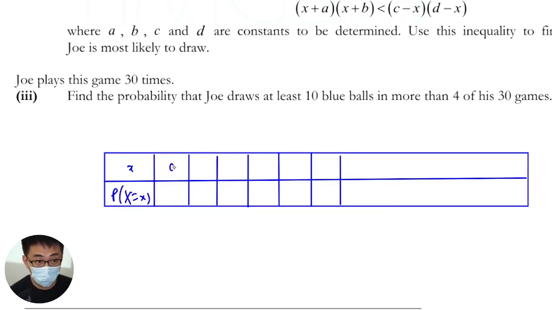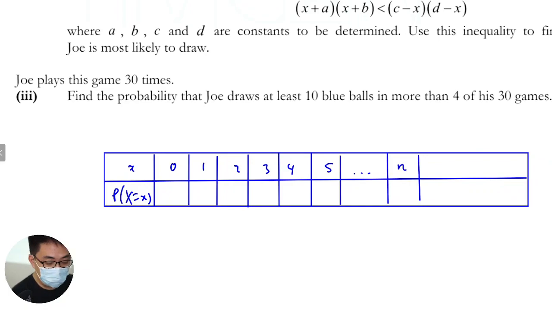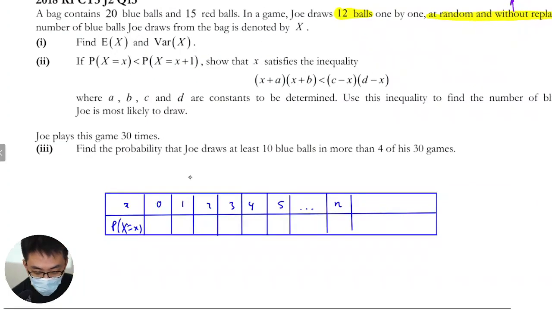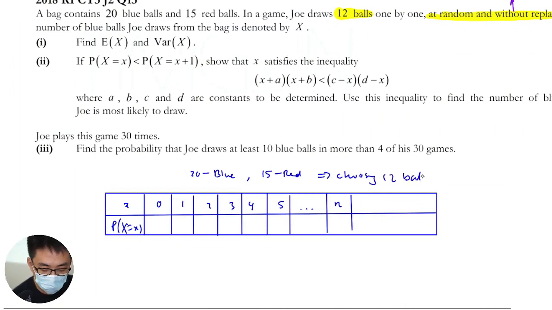You start from no blue balls, then 1, 2, 3, 4, 5, up to n blue balls. You have 20 blue and 15 red, and you are choosing 12 balls.